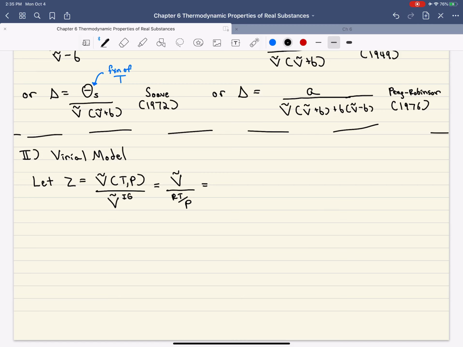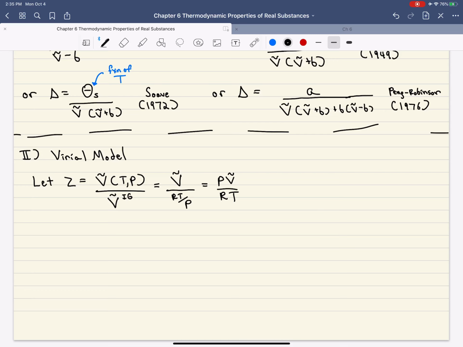Then if you rearrange this, what you end up with is this. And that's what Z is, right? It's describing the ratio between your actual molar volume and the molar volume that would be predicted from the ideal gas.